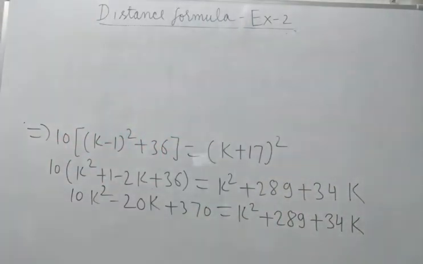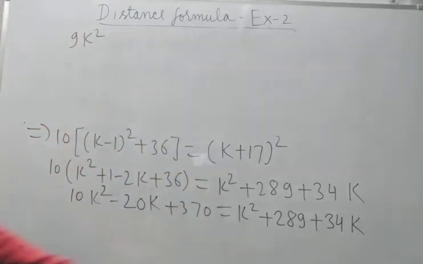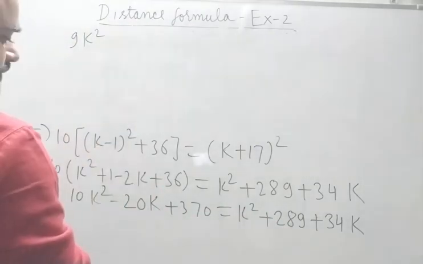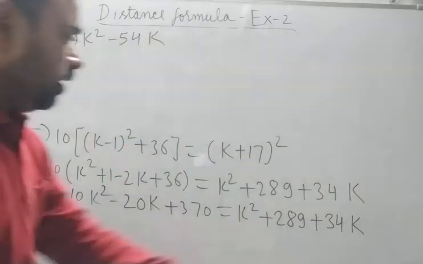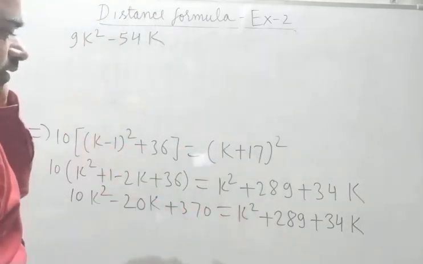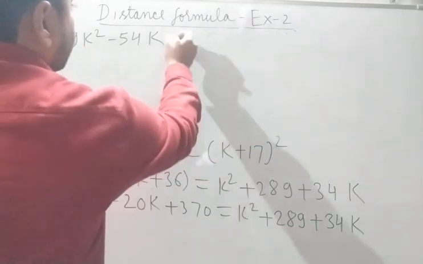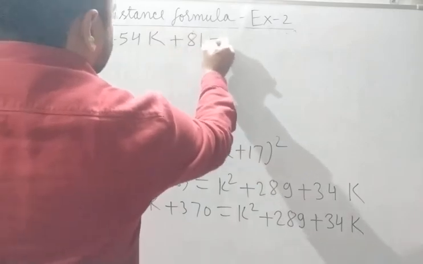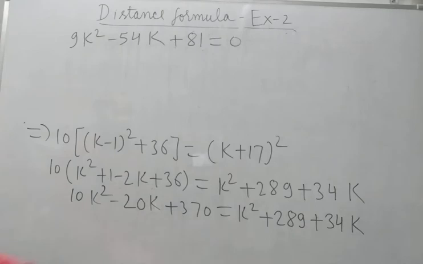So finally this will give 9k square, 34k minus 20k, that will give minus 54k. Now 370 minus 289, so that will give, I think 81, correct? Check it, 81 plus 9, 90, 370, that will come.